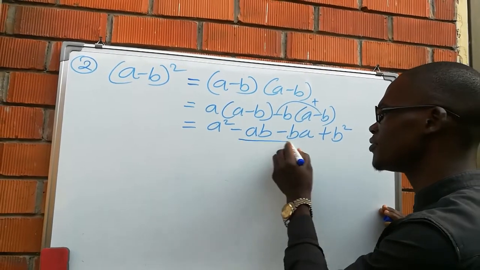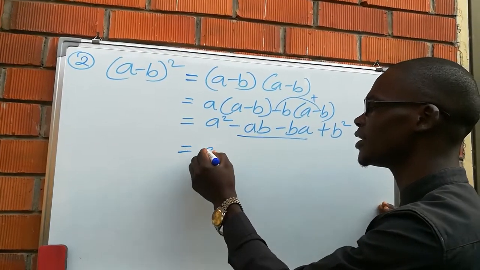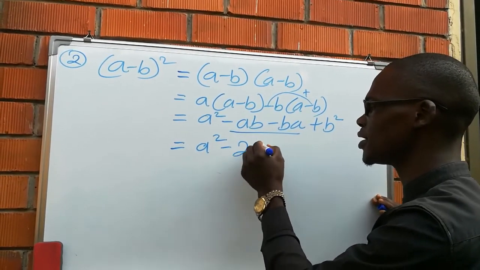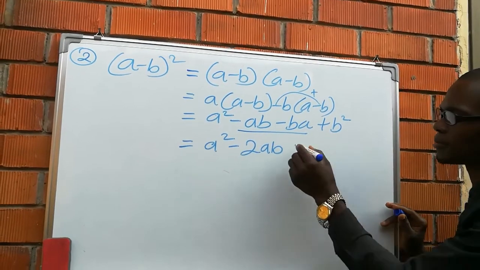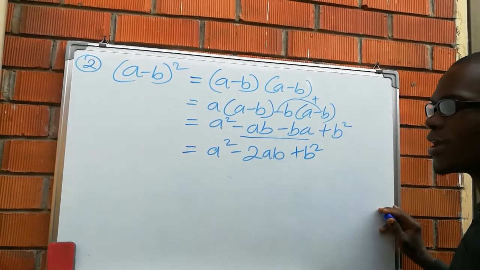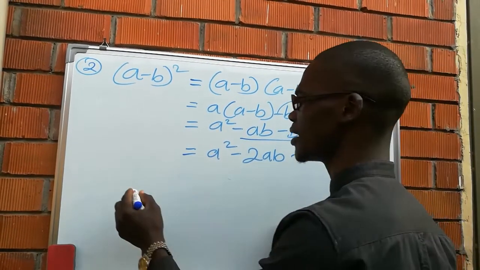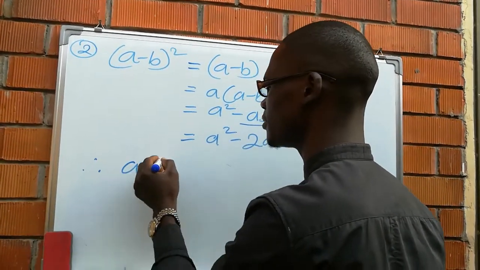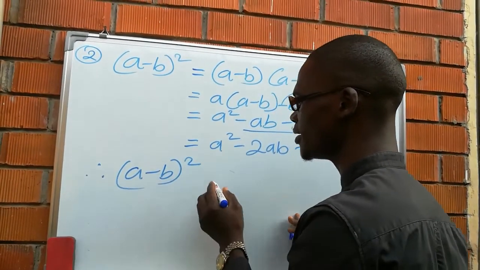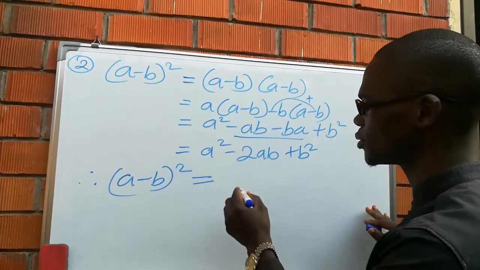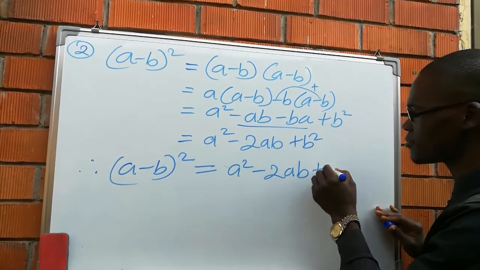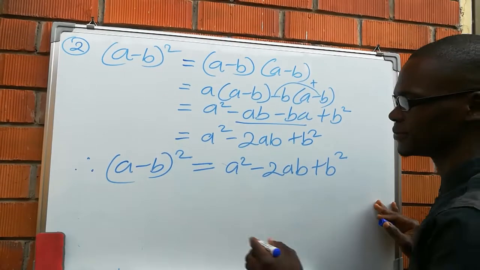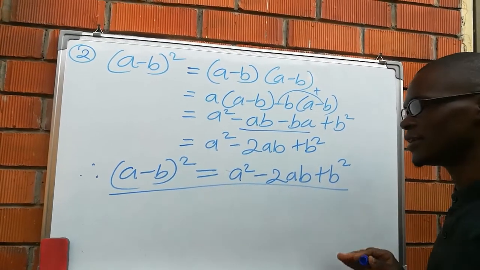So we simplify to get a squared minus 2ab, since these are the same, plus b squared. That means that a minus b squared is equivalent to a squared minus 2ab plus b squared. That is our second identity.